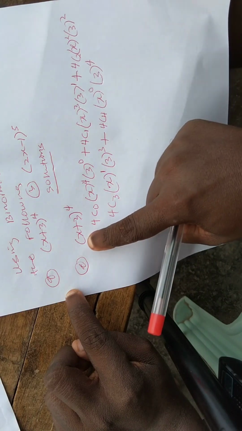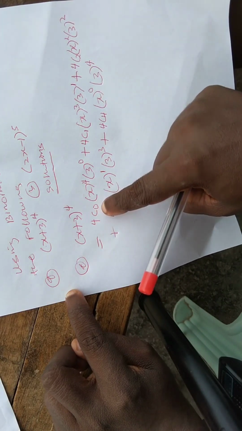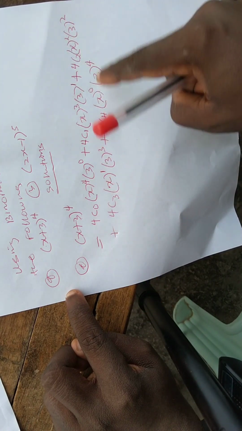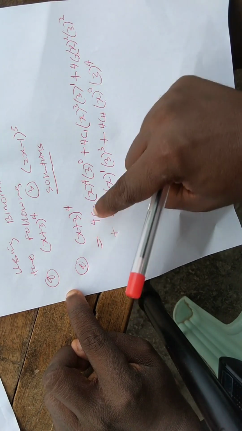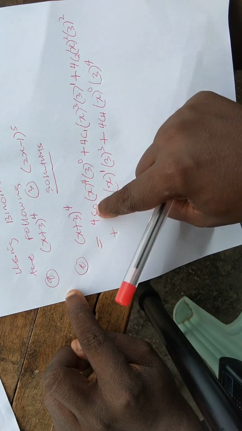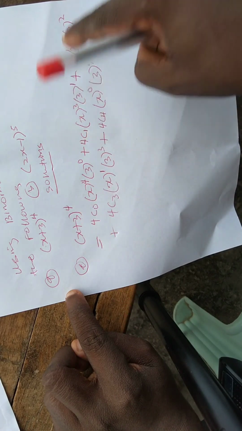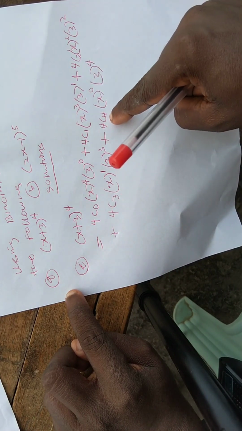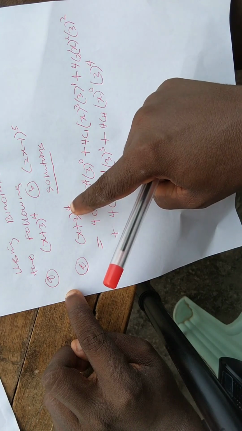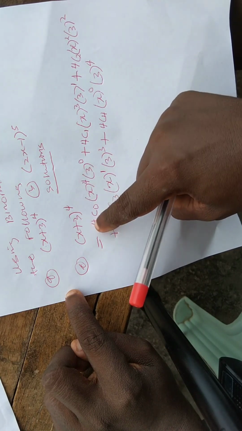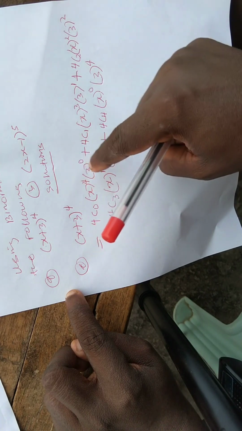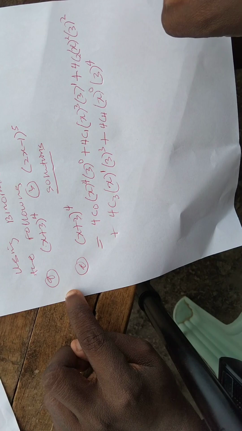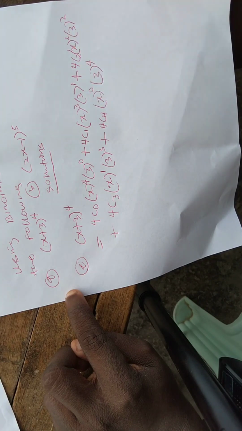But for the combination, we always start from combination 0 and increase it until we get to the highest combination. So this is 4 combination 0 for the first term, 4 combination 1, 4 combination 2, 4 combination 3, 4 combination 4. For instance, if the power is 5, we start from 5 combination 0, 5 combination 1, 5 combination 2, 5 combination 3, 5 combination 4, before we get to 5 combination 5.